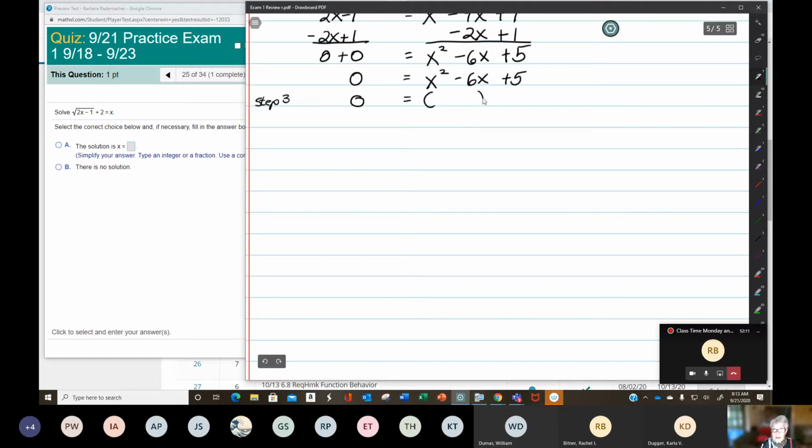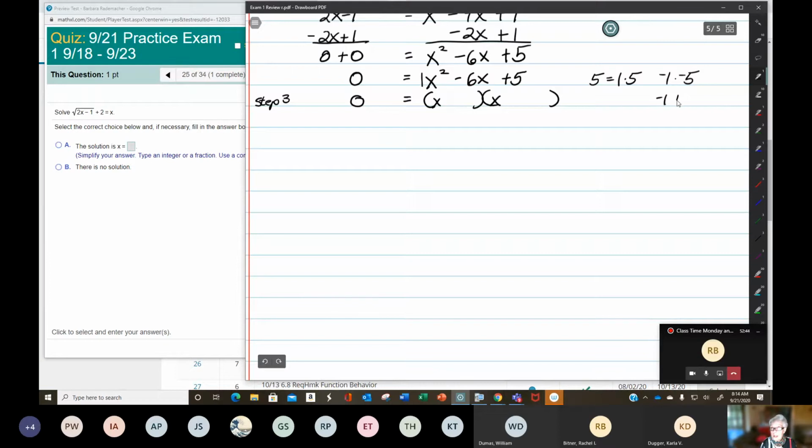Okay, there's a 1 in front of the x squared, so we get to use the faster method of grouping. 5 equals 1 times 5, and 5 times 1, so we don't even have to repeat that, but it also equals negative 1 times negative 5.